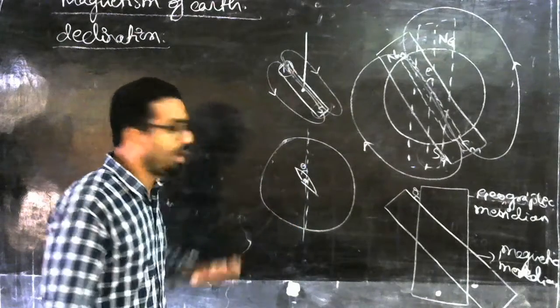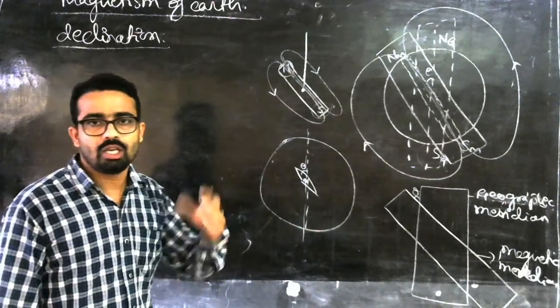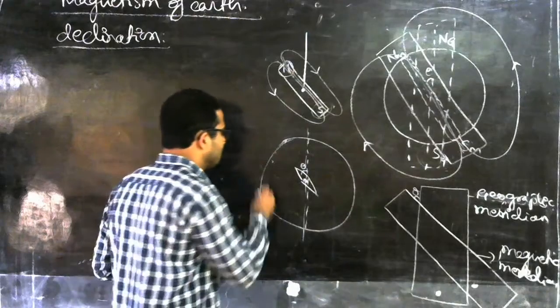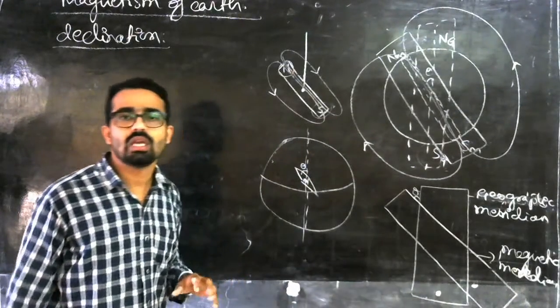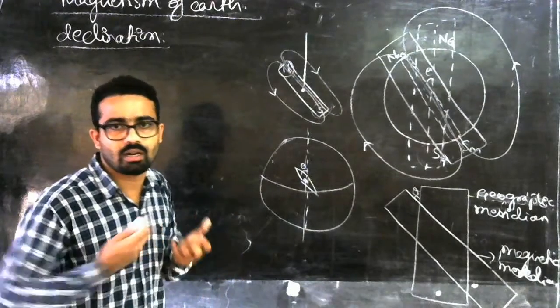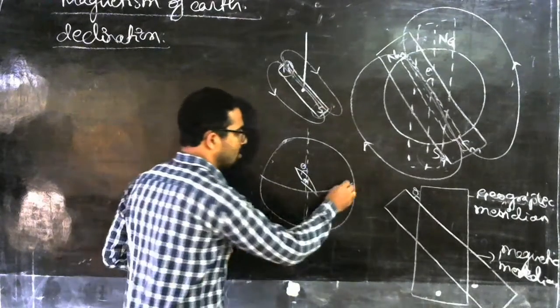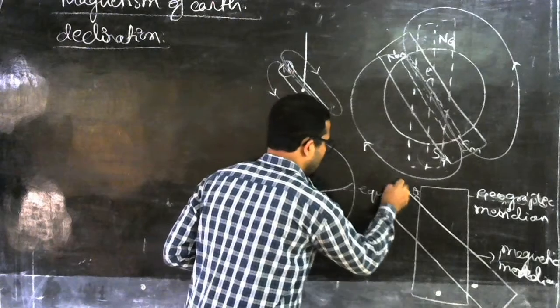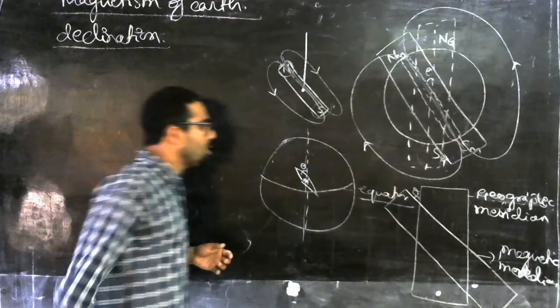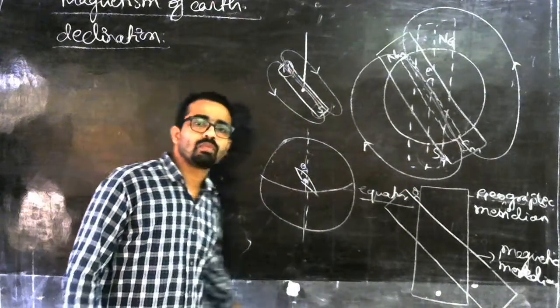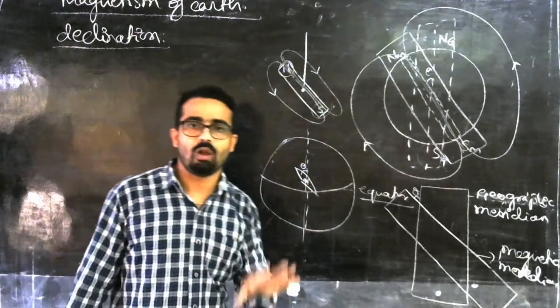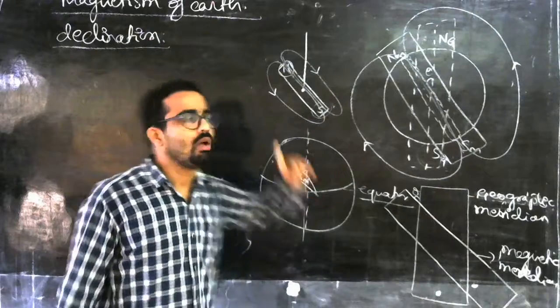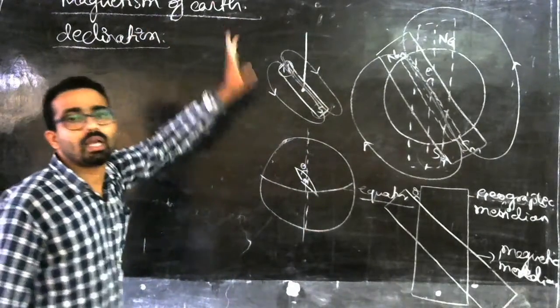And at the equator, I think you have heard of the equator. The equator is a line which passes through the center of the globe. So when you come to the equator, the angle of declination will be very small, and it will be very high when you go to the magnetic poles.